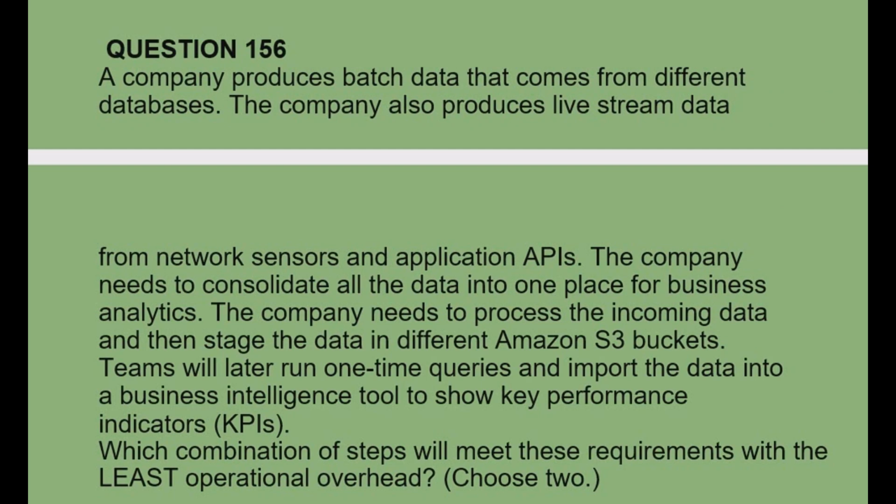The company needs to process the incoming data and then stage the data in different Amazon S3 buckets. Teams will later run one-time queries and import the data into a business intelligence tool to show key performance indicators (KPIs). Which combination of steps will meet these requirements with the least operational overhead? Choose two options.